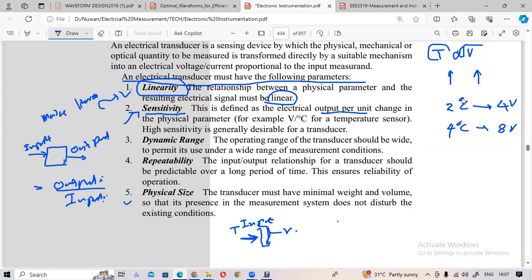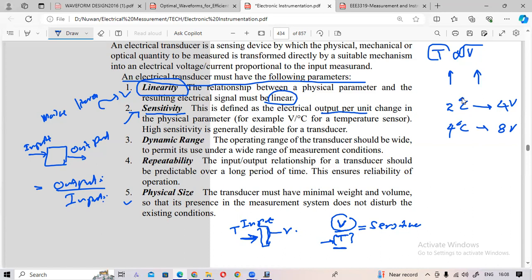So the output parameter divided by the input parameter, that is the increase of voltage per increase of temperature. This we call sensitivity. So this ratio means we are calculating the output per unit input.